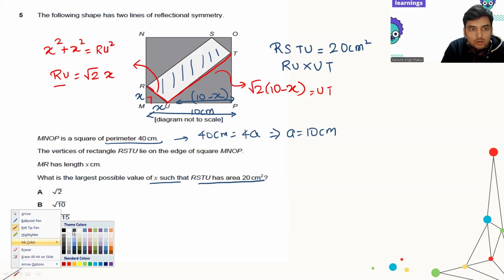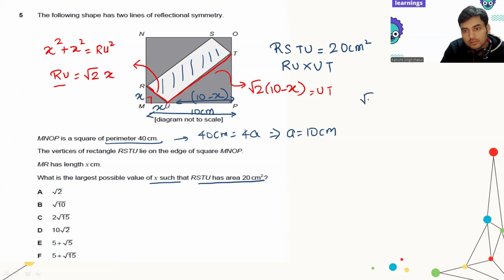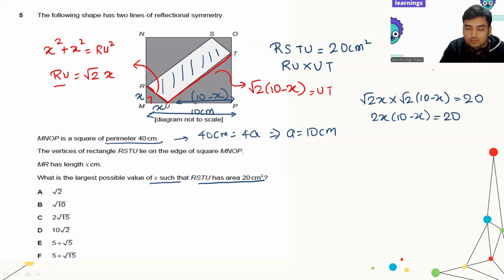So RU is root 2 times x, UT is root 2 times (10 minus x), and this is equal to 20. So root 2 times root 2 is 2, and you have 2x times (10 minus x) equal to 20. I'm not writing the units, but you can write them.